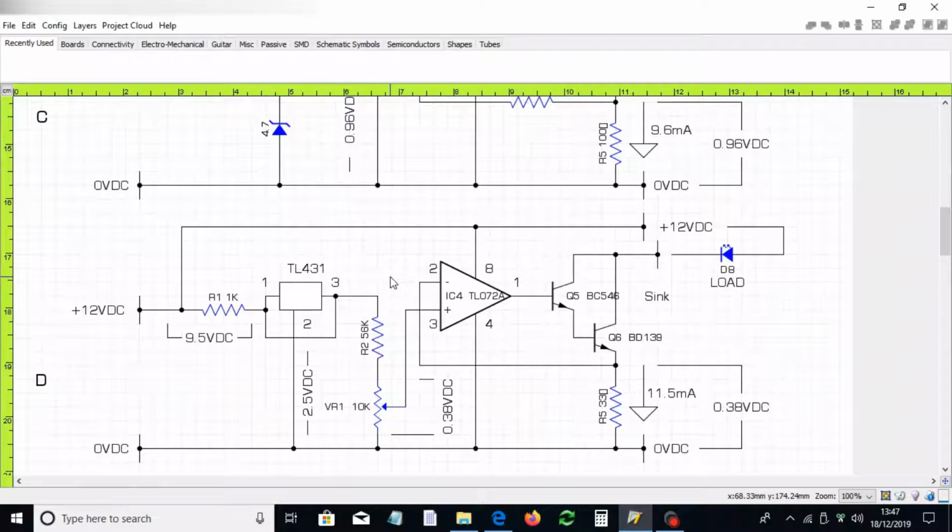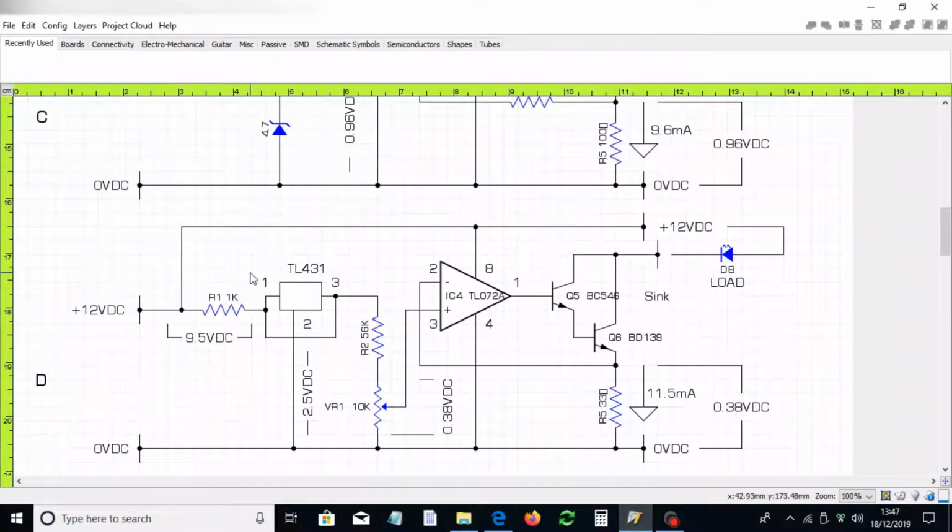The TL431 has a resistor driving here to drop the voltage, producing a certain fixed current for a certain compliance voltage. If you vary this compliance voltage, similar to a Zener diode, you vary the current through this resistor as you increase or decrease the compliance voltage.